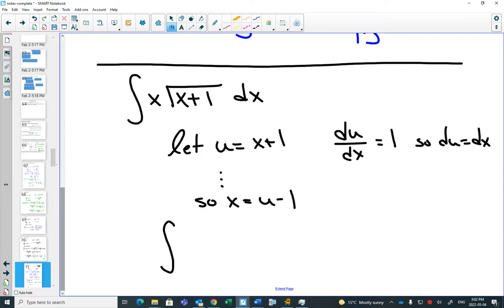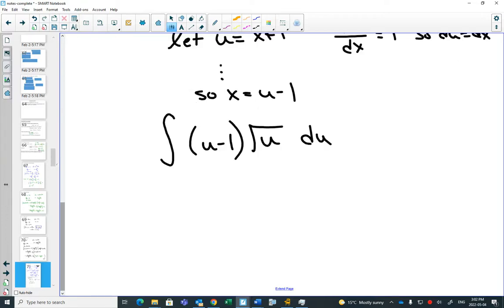So instead of x, I can write u minus 1. Instead of square root of x plus 1, I would just have square root of u. And instead of dx, I would have du. If I distribute the u to the half, I would get u to the 3 halves. U to the half times minus 1 would be minus u to the half du.